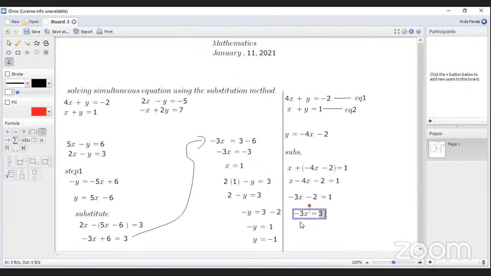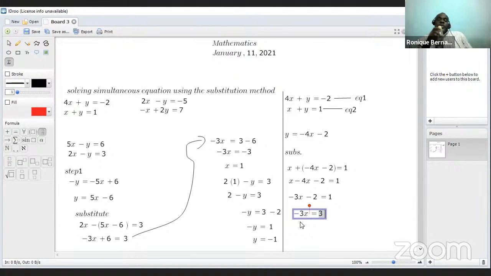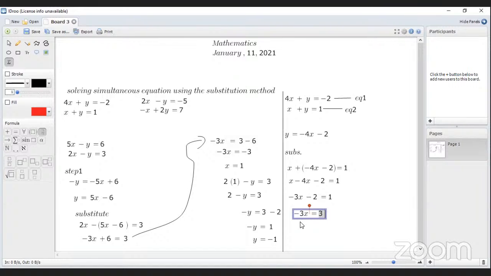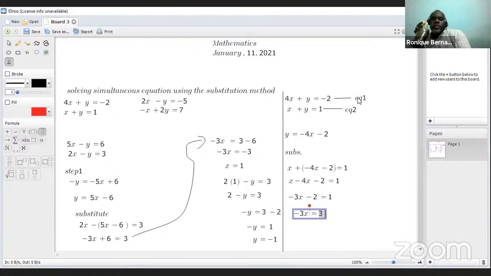Negative 1 or positive 1? Negative 1. Okay, that's correct.